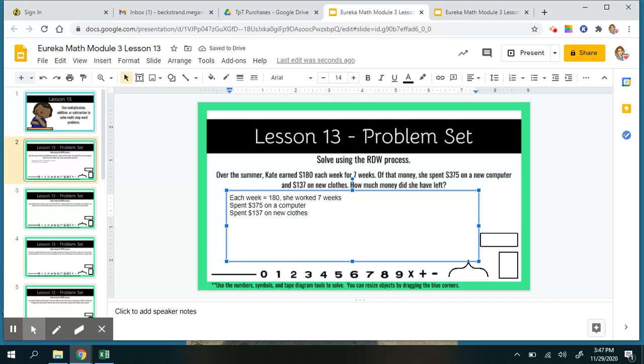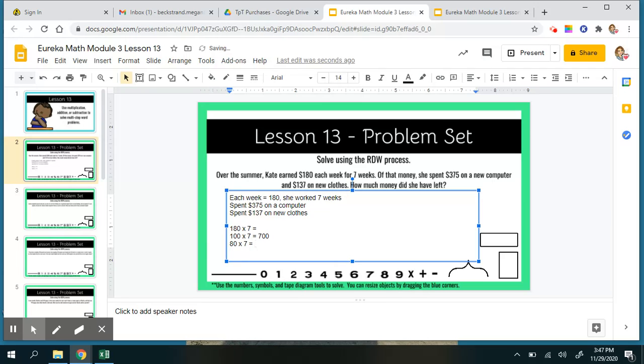So first, we're gonna have to figure out, well, how much did she earn? We know that she got $180 each week, and she worked for 7 weeks, but we don't know how much money she earned. So we're gonna have to take 180 and multiply it by 7. 100 times 7 is going to give me 700. 80 times 7.